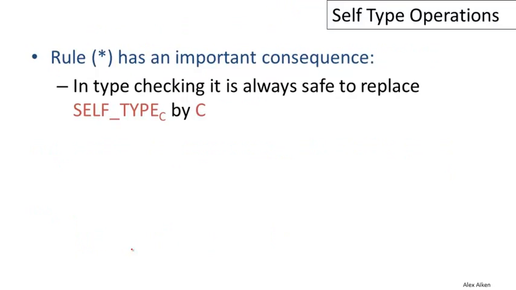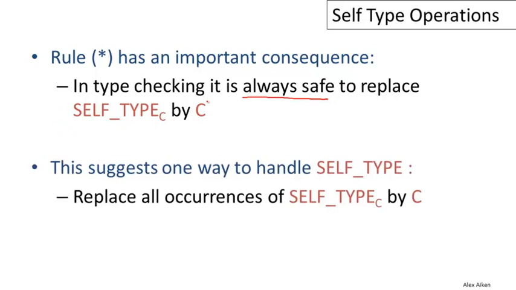Now that rule, that SELF_TYPE sub C is a subtype of the class C, has an important consequence. It means that when we're doing type checking with self-type, it is always safe to replace SELF_TYPE sub C by C. So it's okay to promote any SELF_TYPE sub C, which could be C or a subtype of C, to just say that it's C. And that suggests one way to handle self-type, which is just to replace all the occurrences of SELF_TYPE sub C by C. Now, unfortunately, that turns out not to be very useful.